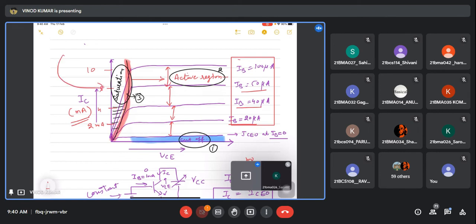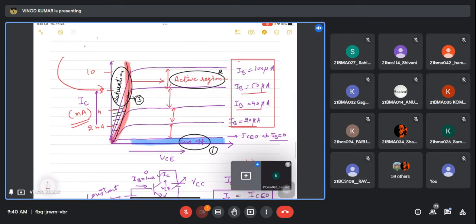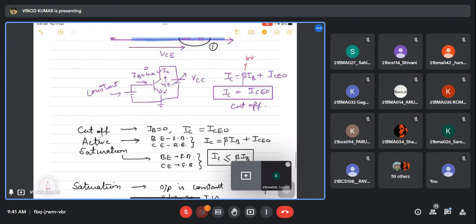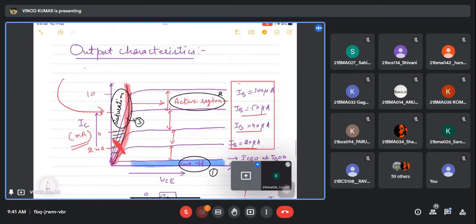Whereas this left side, that is saturation region, because here current variation is very small. This variation, if you see, is very small. These currents are very much close to each other. That's why this region is saturation. Okay. So this graph doesn't show that active region, because otherwise here IC looks constant, no?